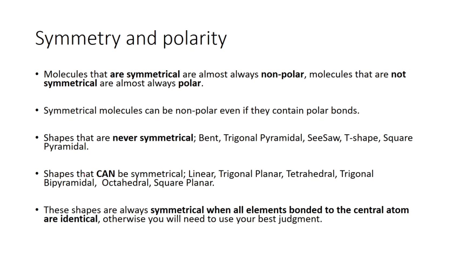Shapes that are never symmetrical, there are some that are never symmetrical: bent, trigonal pyramidal, seesaw, T-shape, square pyramidal. And then there are some shapes that can be symmetrical: linear, trigonal planar, tetrahedral, trigonal bipyramidal, octahedral, square planar.